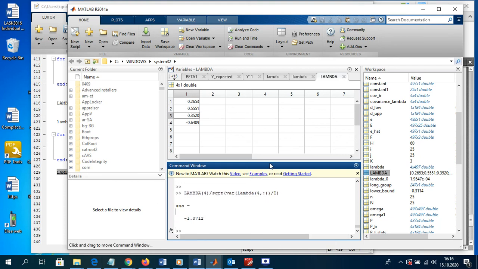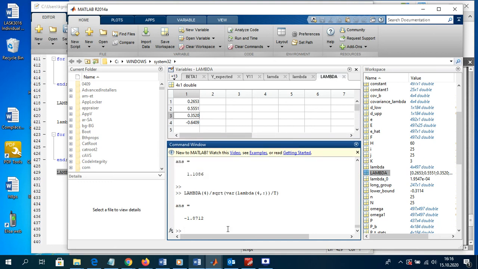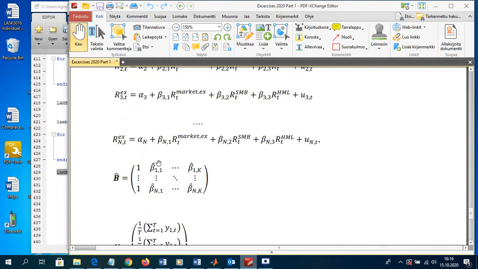Another issue could be the framework that we derived here, our cross-sectional Fama-MacBeth approach that we made use of here. It obviously doesn't account for the variation in the betas. Yeah, you see, the betas are assumed to be constant across assets.